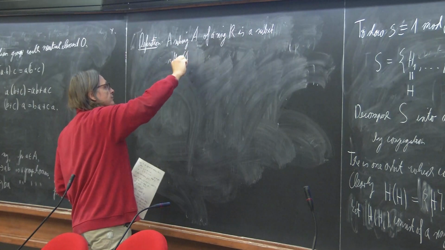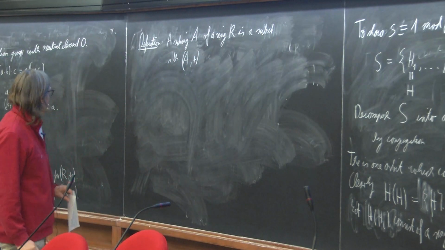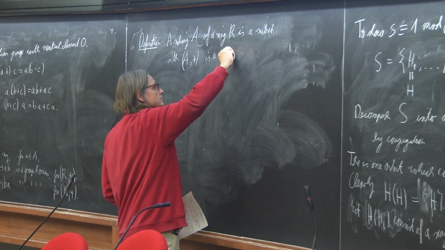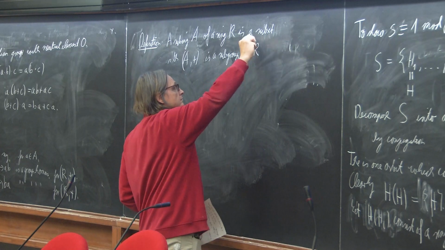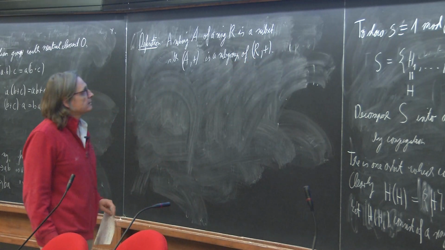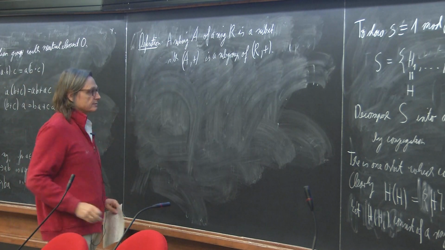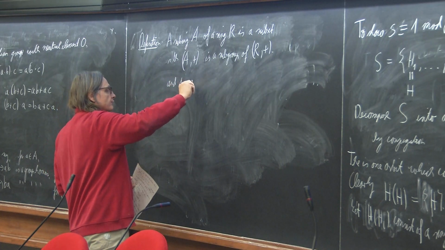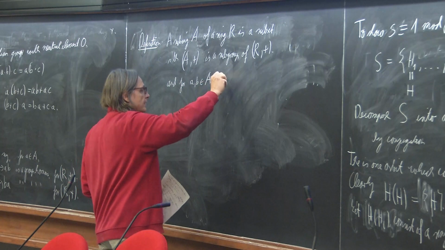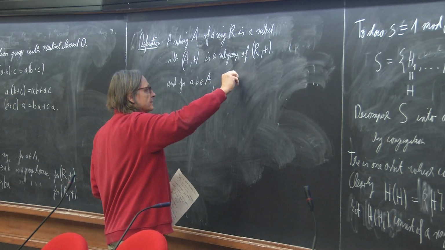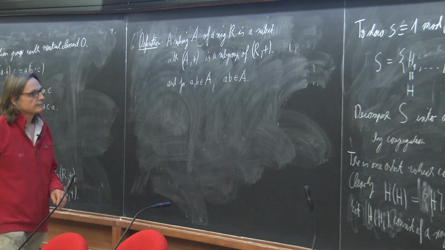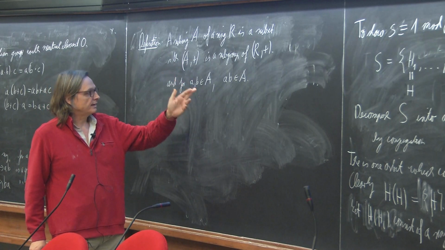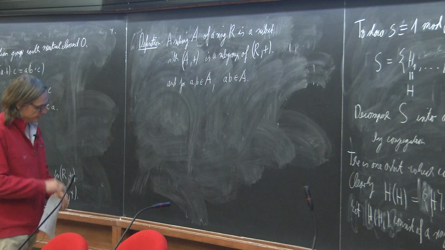first, A with the addition is a subgroup of R with addition. And the multiplication inside A does not leave A. So for small a and b in A, we have A times B is also in A. And this then obviously implies that A, with the restriction of the addition and the multiplication, becomes itself a ring.